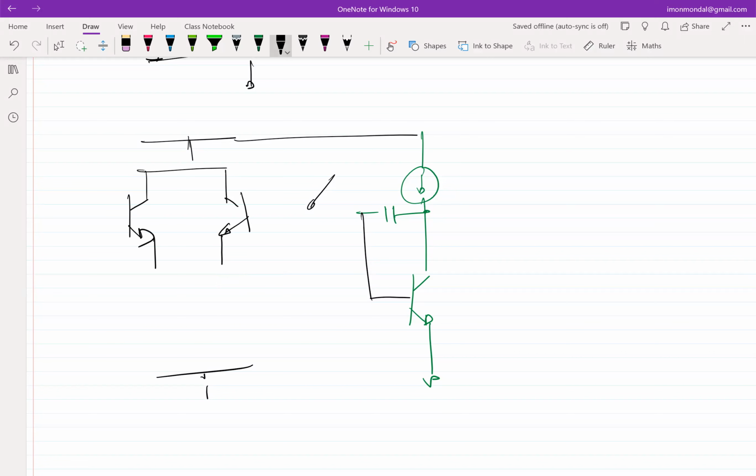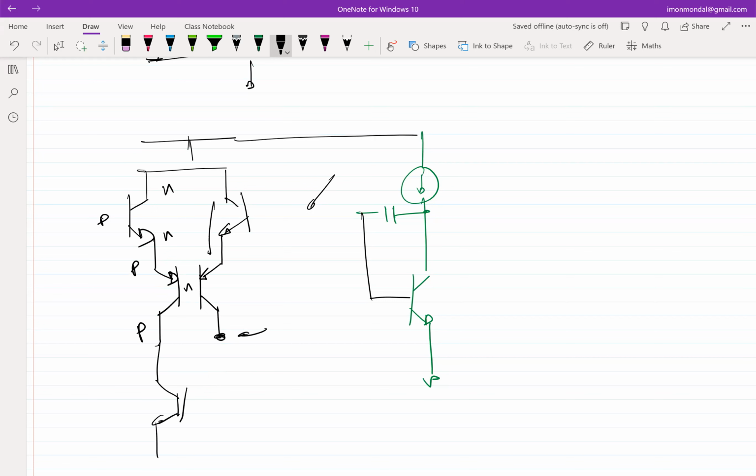The current buffer equivalent in the case of a BJT is this, and we observe this node. So now all the current can go in. The impedance here is high because you're looking into the collector. So this is a PNP, this is NPN, this is PNP. This is the collector, the collector impedance is high, and you can put whatever here. You can put a current mirror here again of an NPN.